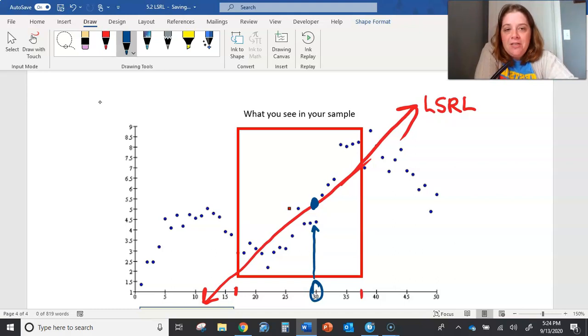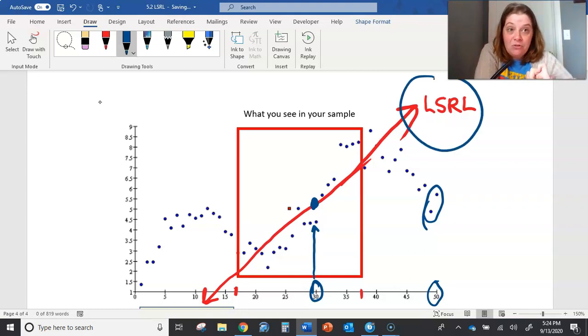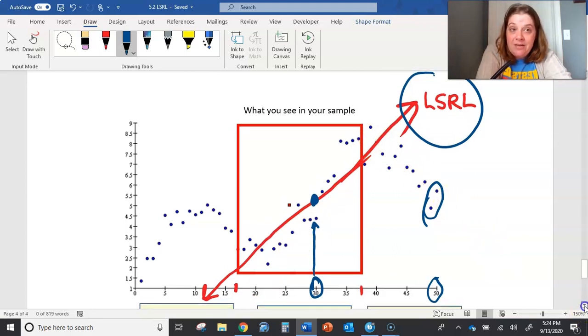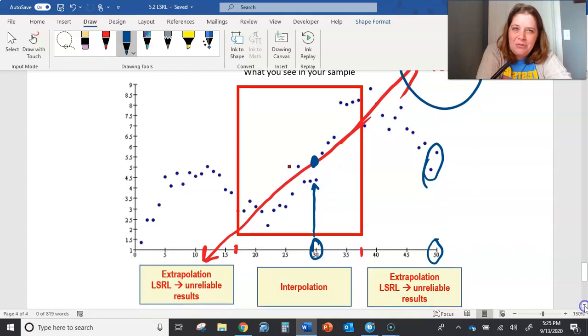But if I wanted to predict, say, 50, and I go up to 50, here's the actual observed values around 50. I am not hitting that at all with the least squares regression line. That is way off. It's because outside my known data, I can't tell that behavior is actually changing. So even if you see a really strong positive in what you can see, you need to understand that outside of that boundary for X's, it's not good for predictions.